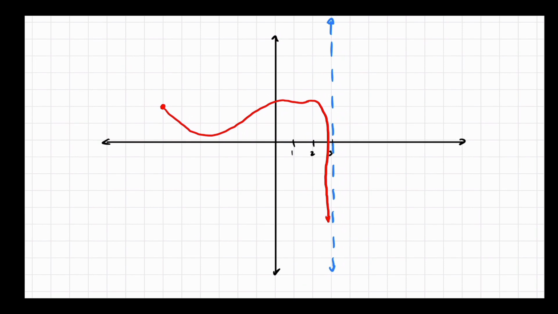Same thing from the other side. It picks up after the dashed blue line. So it could pick up from here, or it can pick up from here. Right? It just doesn't exist at 3.